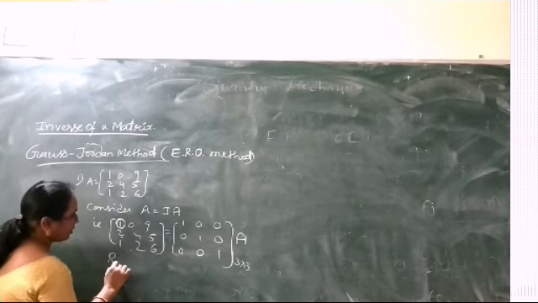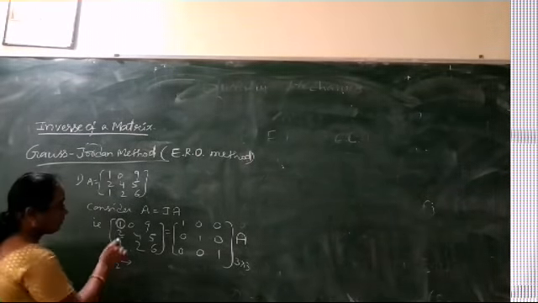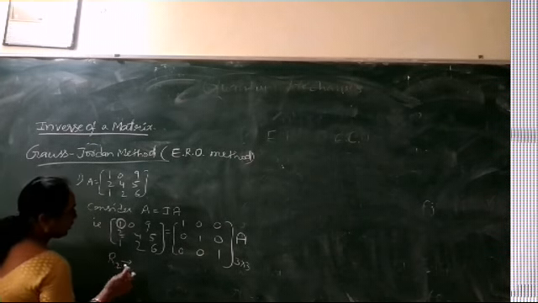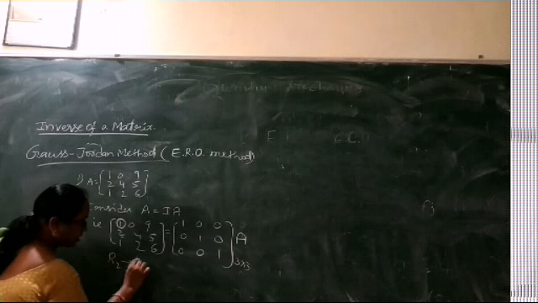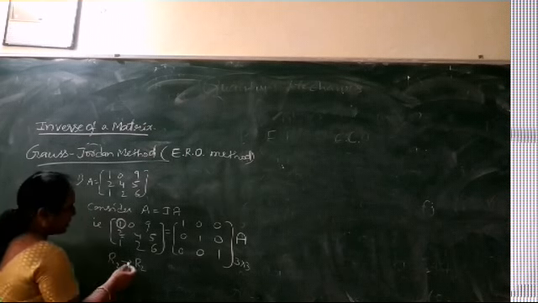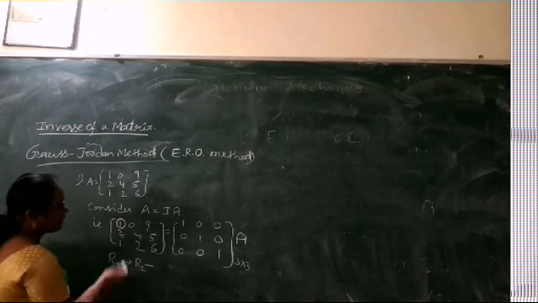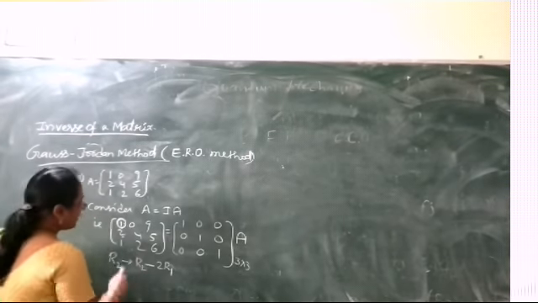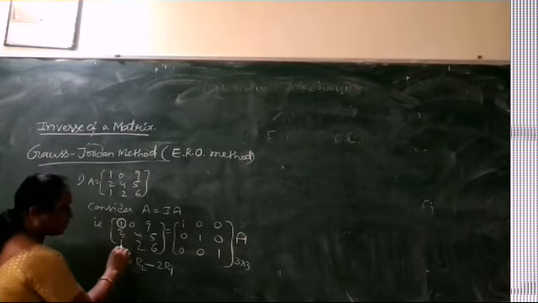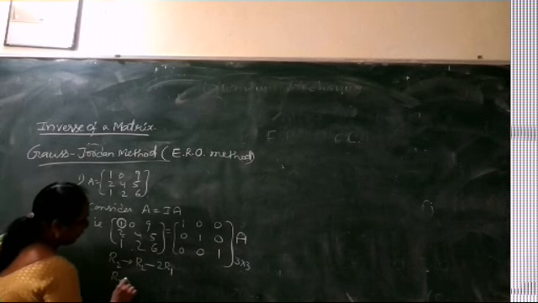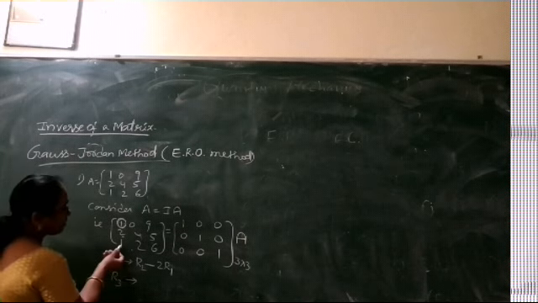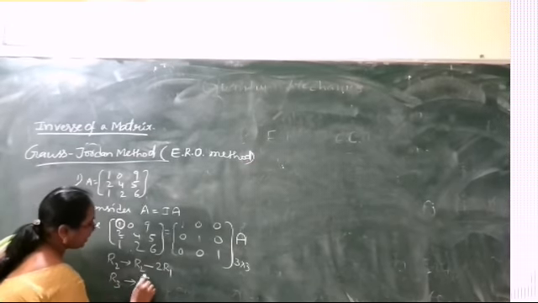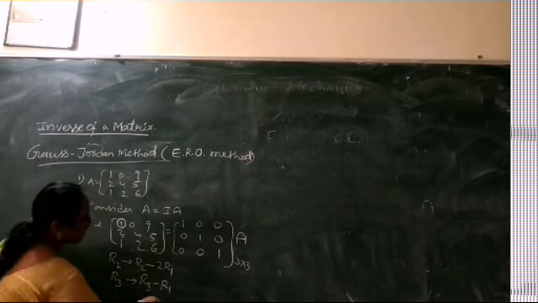So in row 2 we do R2 minus 2 into R1. Similarly, to make this 1 in R3 a 0, we use the transformation R3 minus R1, in order to use this first pivot. So R3 implies R3 minus R1.